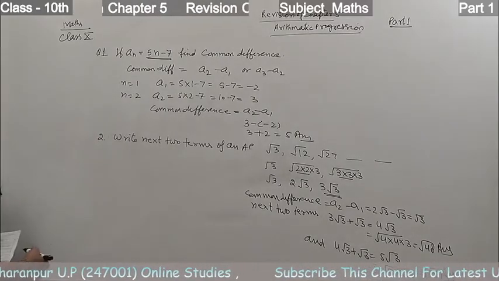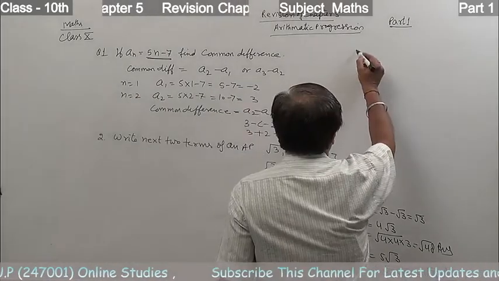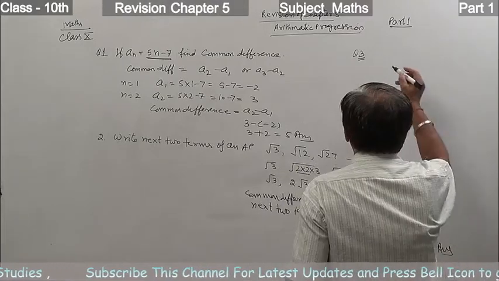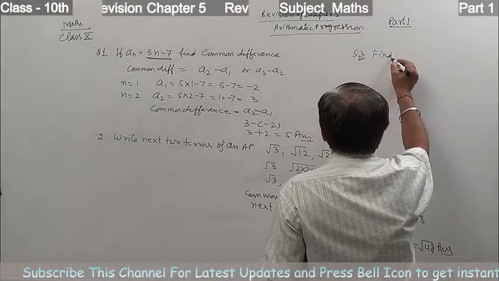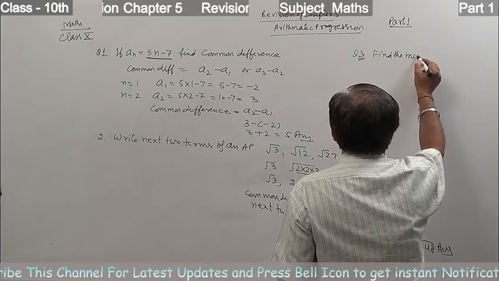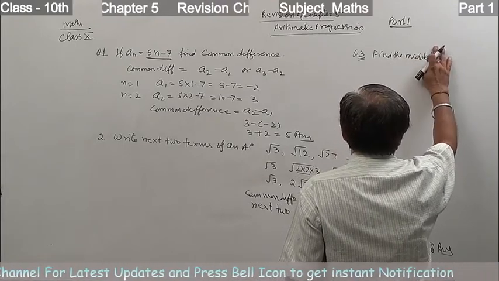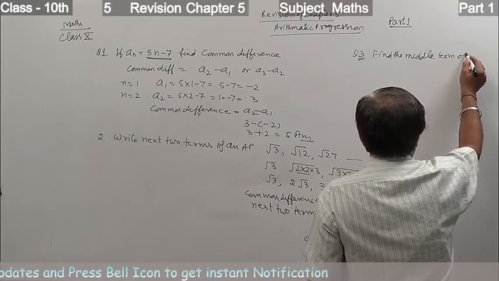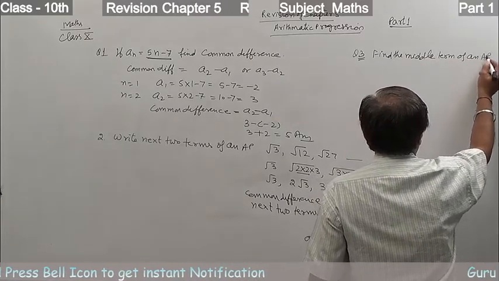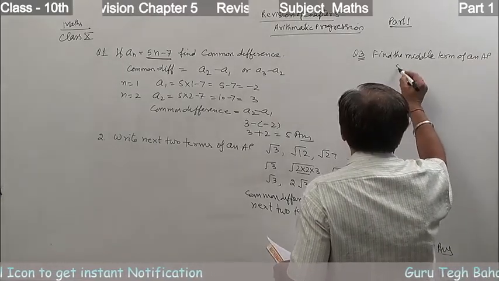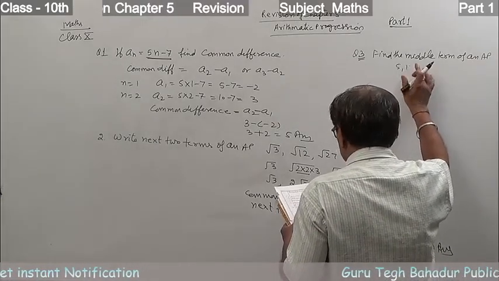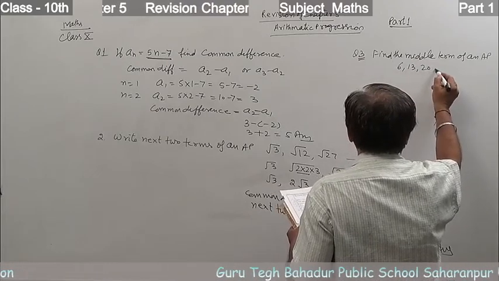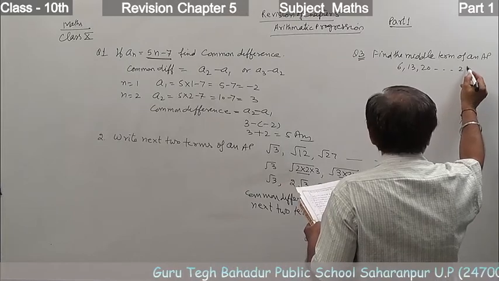See the third question. Find the middle term of the AP 6, 13, 20 and so on, 216.